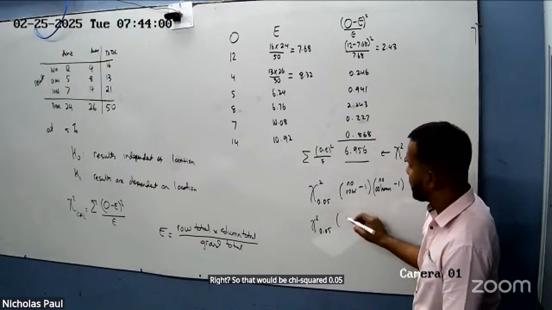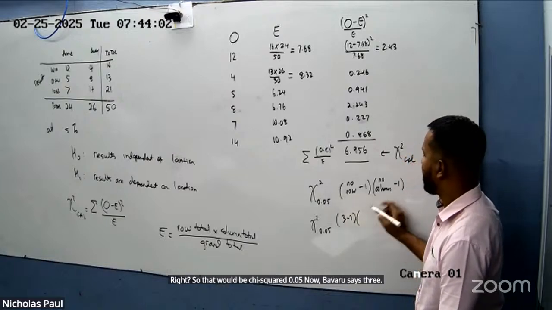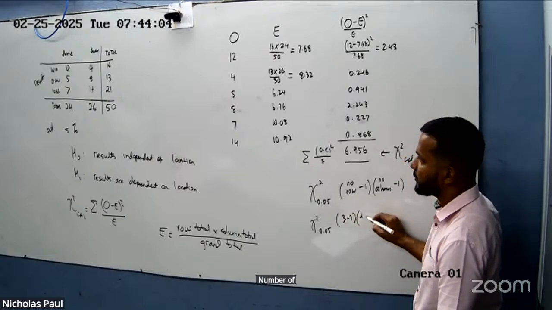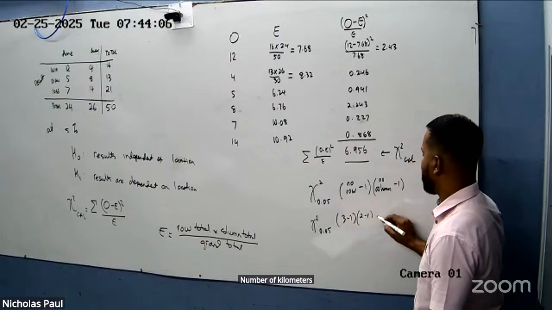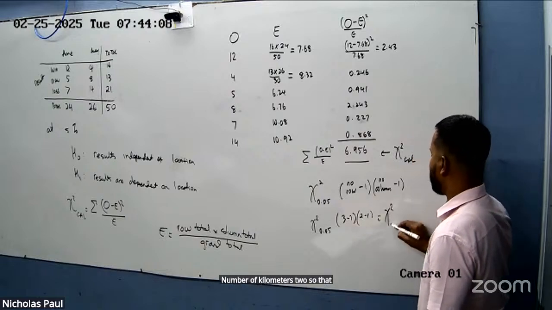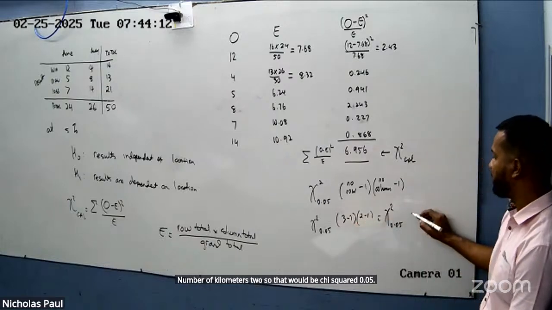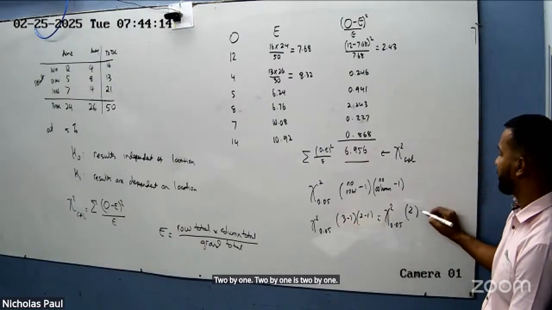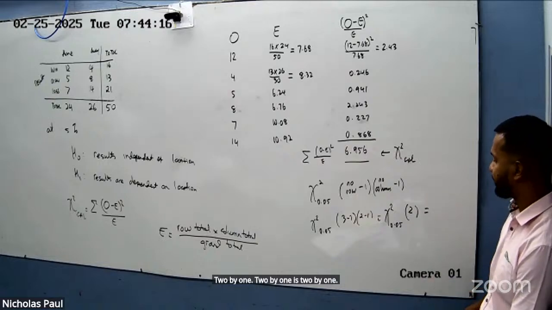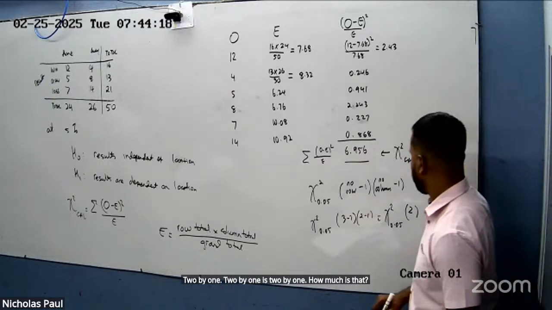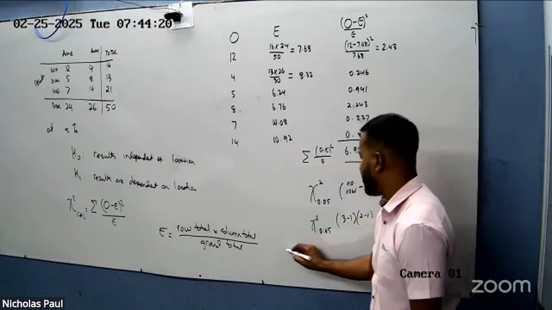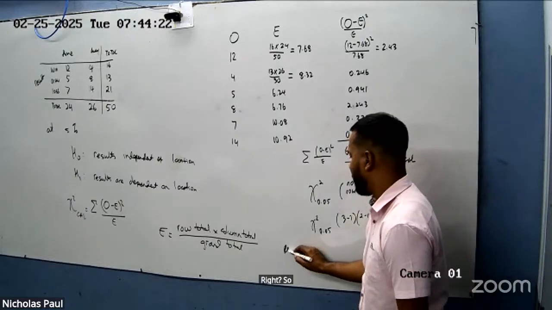Number of rows is 3. Number of columns is 2. So that will be chi-squared 0.05, 2 by 1, which is 2. How much is that? So it will tell us our rejection region.